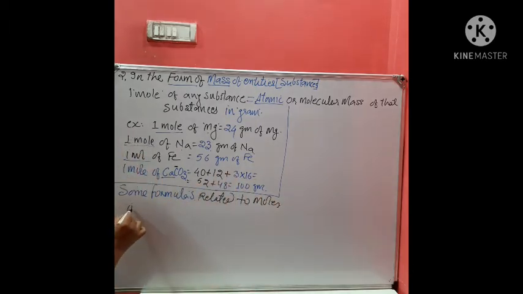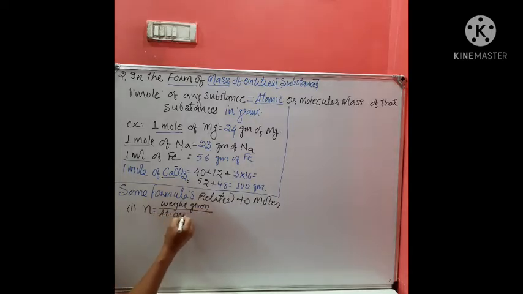Formula number 1. What is this? This is number of moles. I told you the mole is denoted by n. So number of moles is equal to weight given, or mass given, divided by atomic or molecular mass.